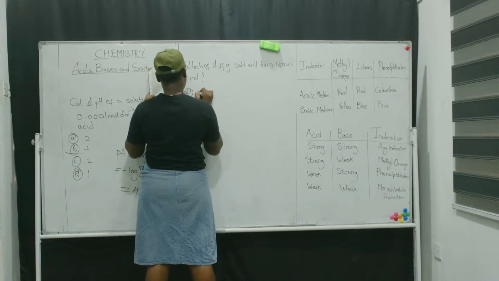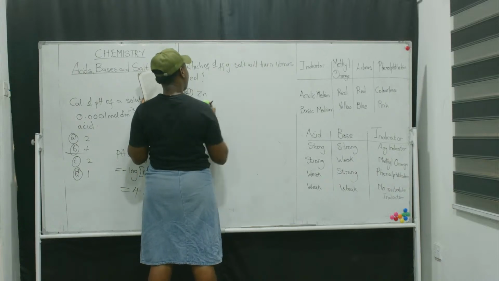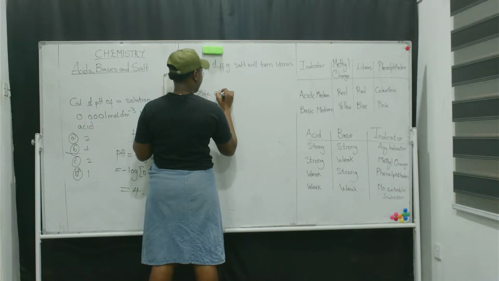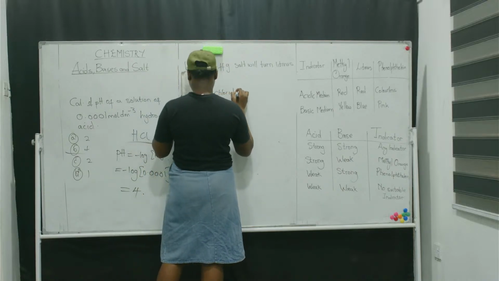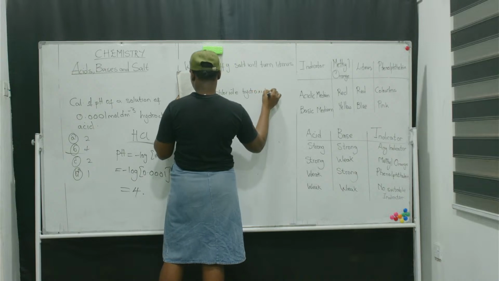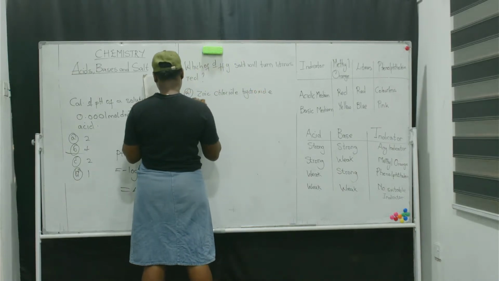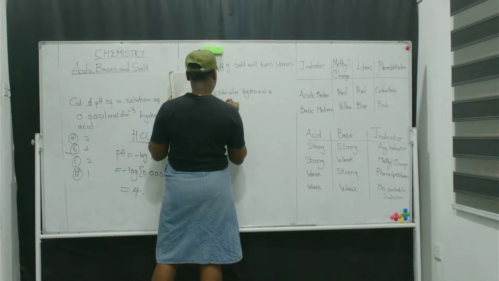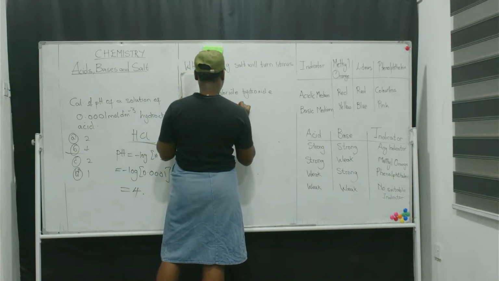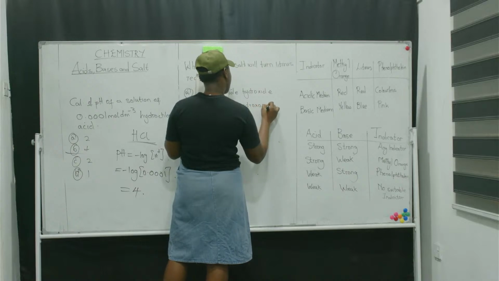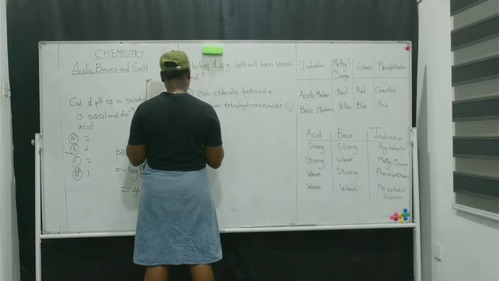A. Zinc chloride hydroxide. I'll abbreviate and not write the formula. B. Sodium tetrahydroxysilicate 2.